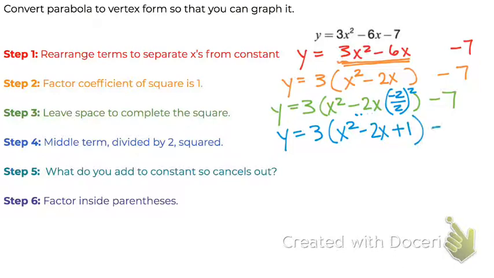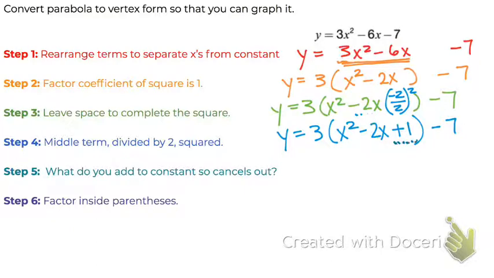and then minus 7. And then you need to ask yourself, okay, I can't just add that 1 there. I need to add the same number on both sides of the equal sign, or if I just want to add it on one side, if I want to add 1 on one side, I can subtract 1 to cancel it out. So let's think about, what did we actually add so far on the right side?